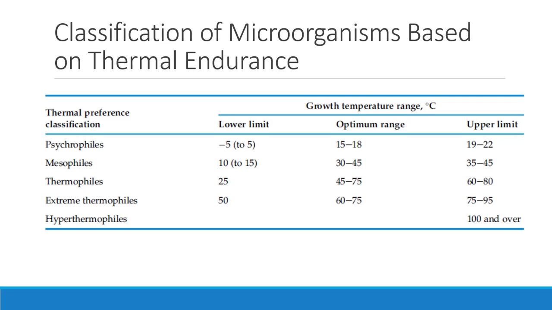Mesophiles are microorganisms which can survive up to 45 degrees Celsius. Thermophiles are those organisms which can survive at higher temperatures between 60 to 70 degrees Celsius, and extreme thermophiles can survive at about 75 degrees Celsius, whereas hyperthermophiles are those organisms which can survive at temperatures above 100 degrees Celsius.